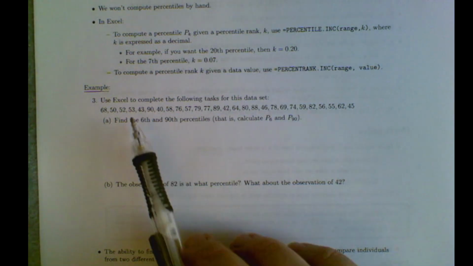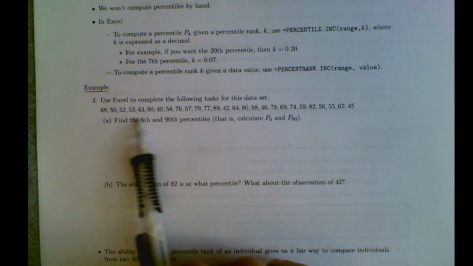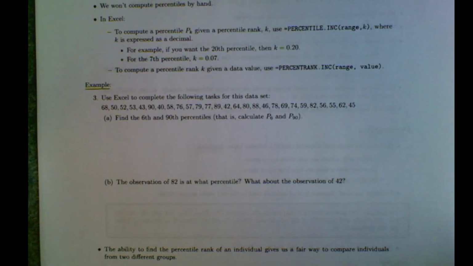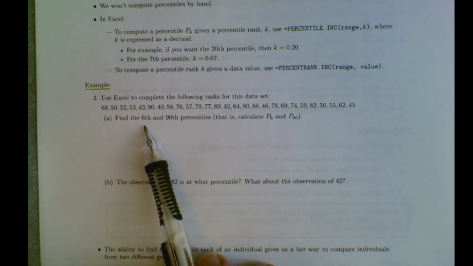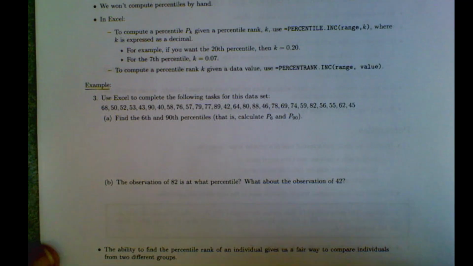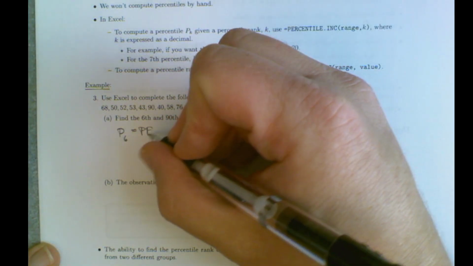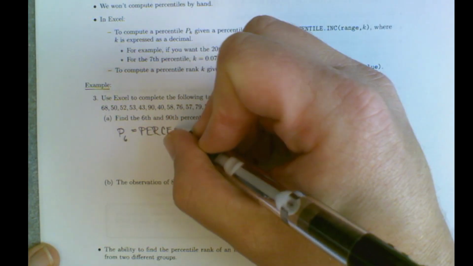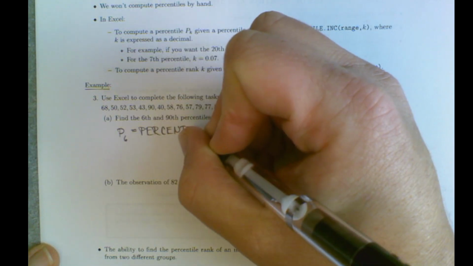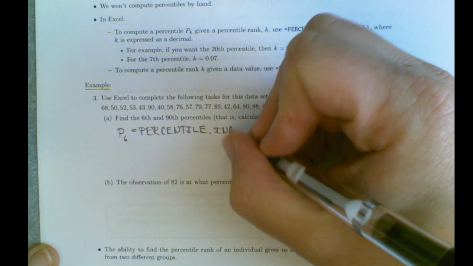So this one says, use Excel to complete the following tasks for this data set. So here's our data set. We're not even told what these numbers represent. We're just given some generic data, and we're asked to find the 6th and 90th percentiles. In other words, P sub 6 and P sub 90. So for P6, we're going to use the equals percentile.inc.